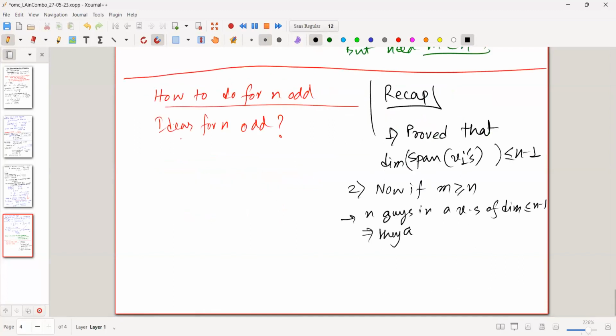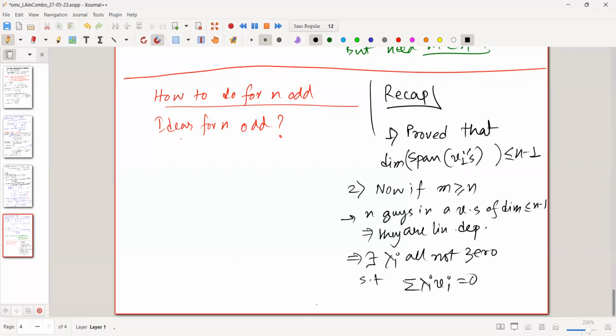So they are linearly dependent. So there exist lambda I, not all 0, and the only other choice for lambda is 1, because you're working in F2^n, such that the summation of lambda I Vi equals 0.